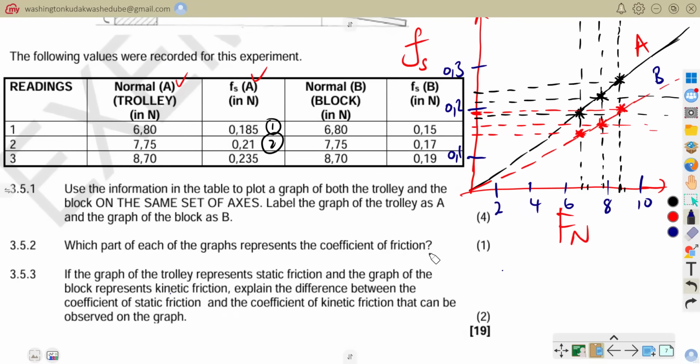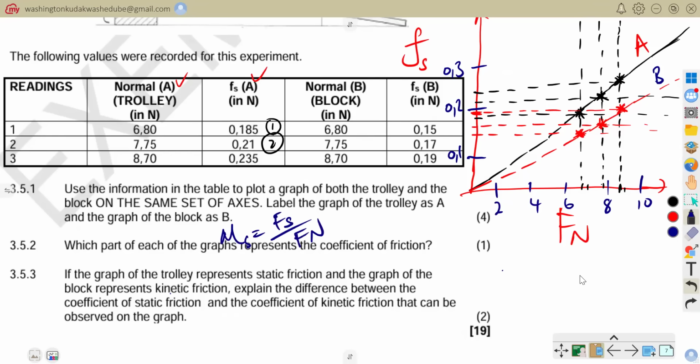You can see that the coefficient of friction, from its definition, mu s can be given by the frictional force Fs divided by the normal force. So if we divide this frictional force by the normal force, we are actually looking at the gradient.